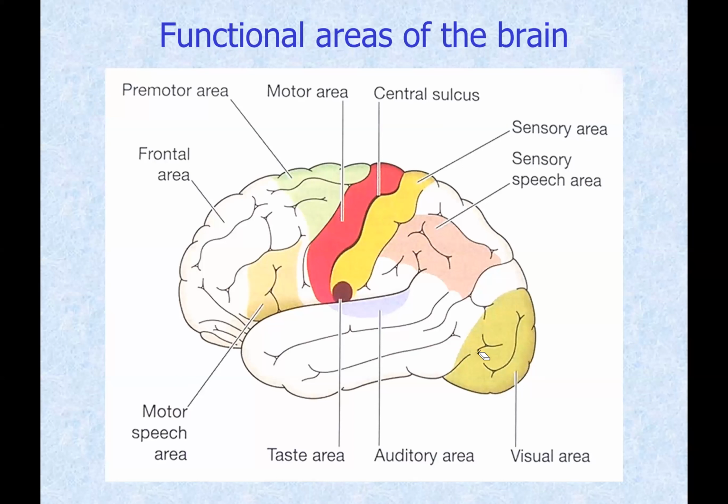Now, different areas of the brain represent different functions, both motor and sensory. In front of the central sulcus, we said it is the precentral gyrus, and that precentral gyrus is the primary or main motor area.